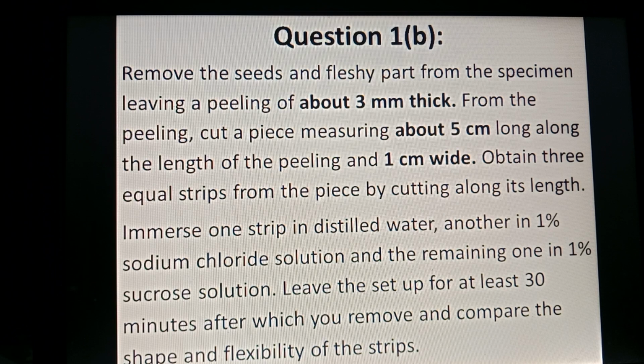Obtain 3 equal strips from the piece by cutting along its length. Immerse 1 strip in distilled water, another in 1% sodium chloride solution, and the remaining one in 1% sucrose solution. Leave the setup for at least 30 minutes, after which you remove and compare the shape and flexibility of the strips.